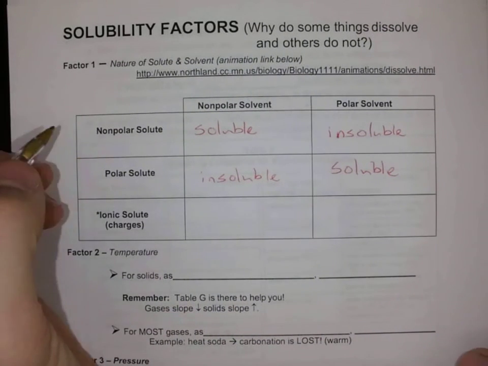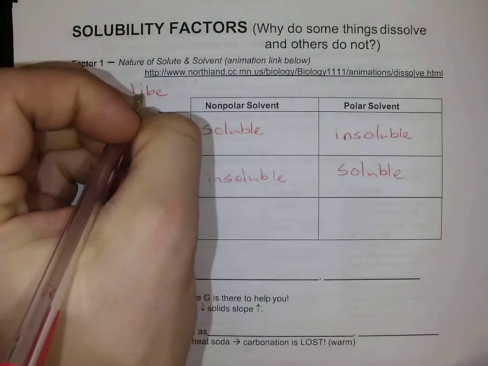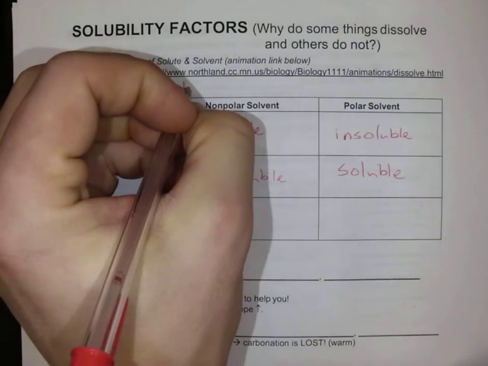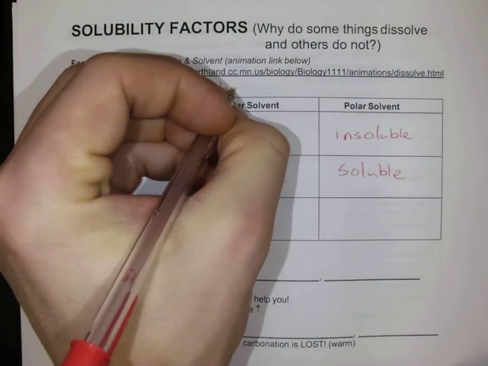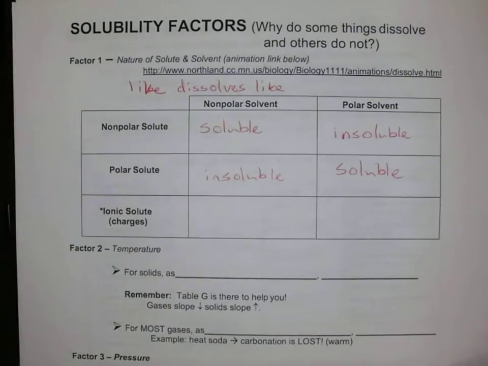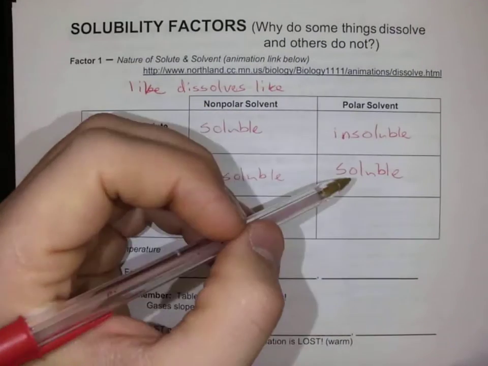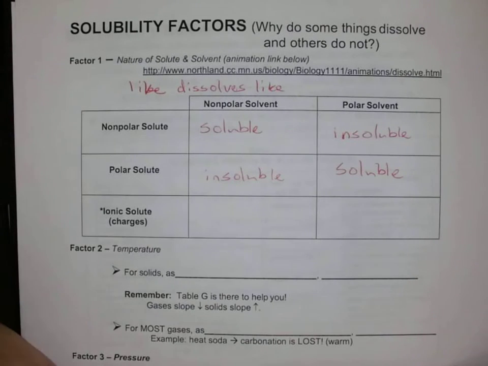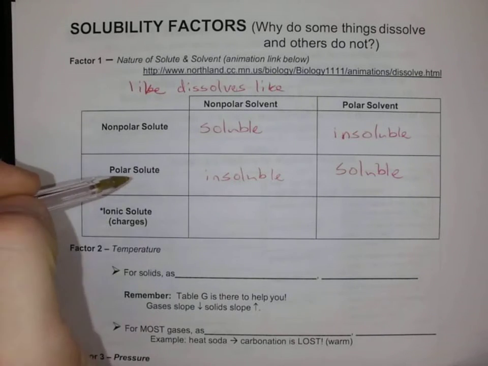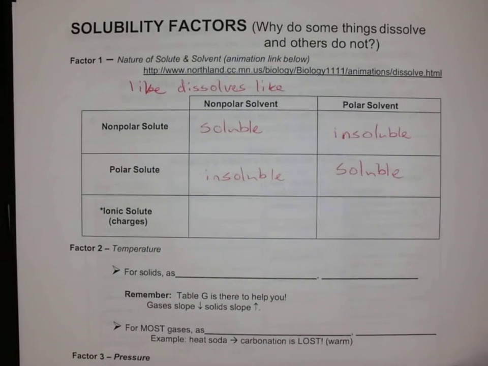What we can remember here, and we've probably heard this before, is that like dissolves like. If we have a nonpolar with a nonpolar, or a polar with a polar, it's going to dissolve. But if we have a polar with a nonpolar, then it is not going to dissolve.